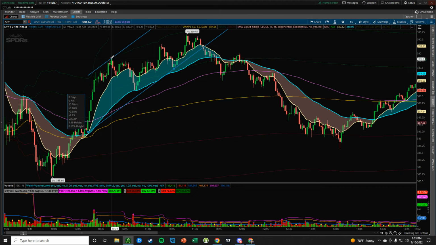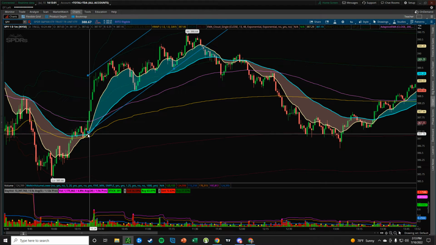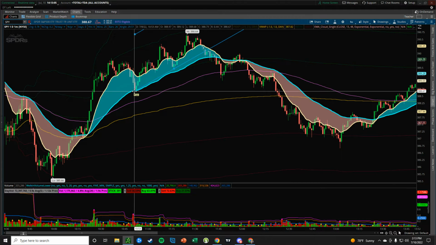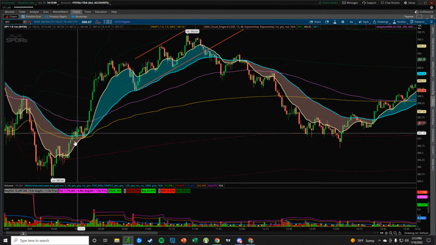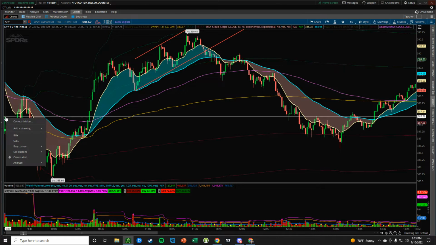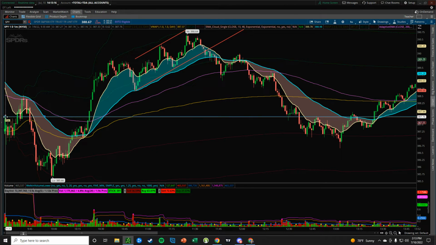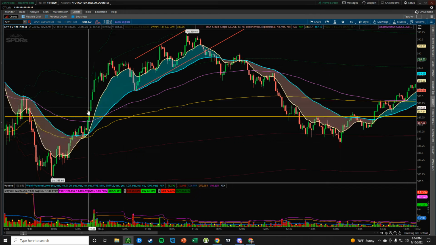Nope, we're going to do this from the bottom of this, okay? So we had our move, then we had our channel form. We're going to draw our support and resistances from what was going on earlier in the day. Make those a little bit larger so they're easier to see.